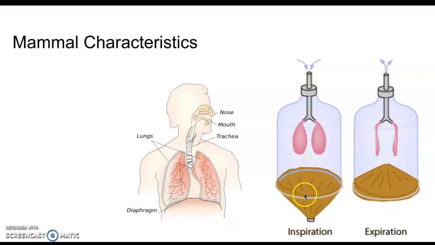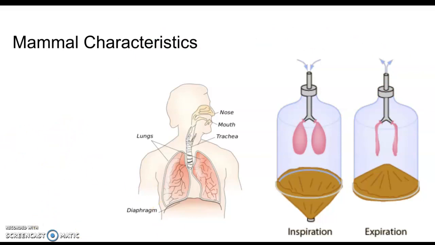So when you take in oxygen or air, the diaphragm drops. That causes negative pressure, and it causes the air to come in. And when you are breathing out, the diaphragm pulls in, causing positive pressure, releasing the carbon dioxide out.